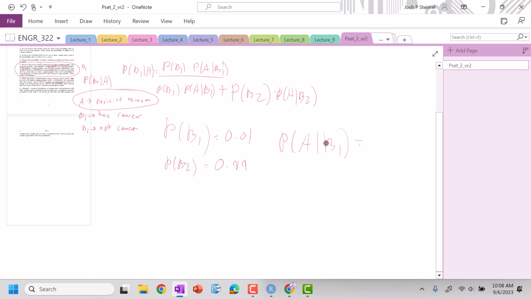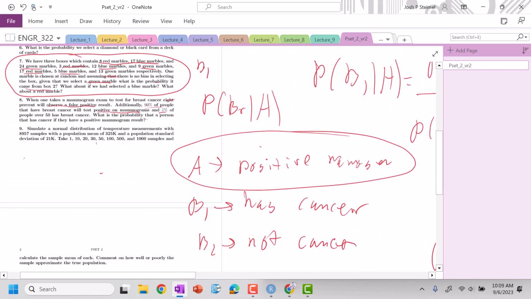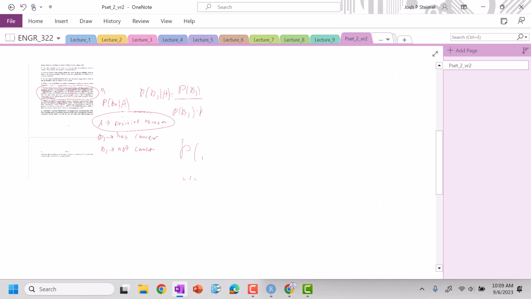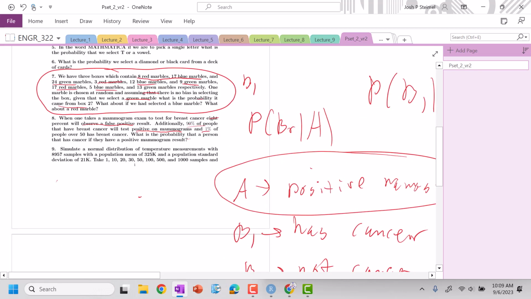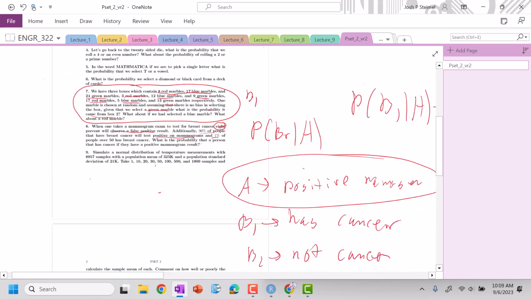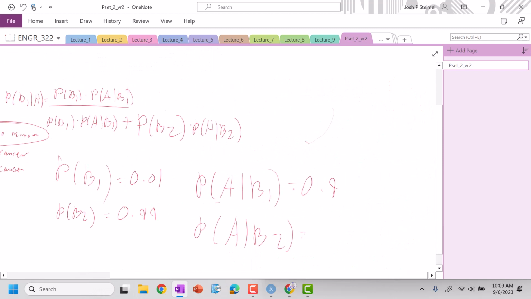Given that they have cancer, what is the probability that they test positive? 90% of the people that have breast cancer will test positive, so that's 0.9. What is the probability that I test positive if I don't have cancer? That's 8%. 8% will observe a false positive result. So that probability is given here.